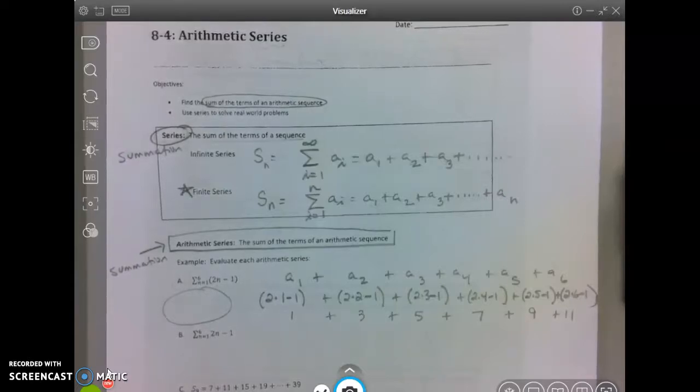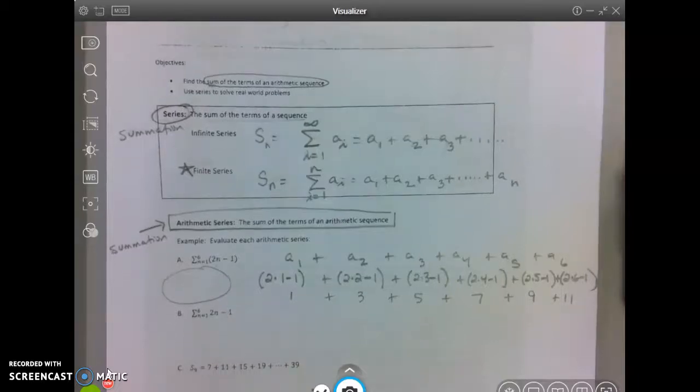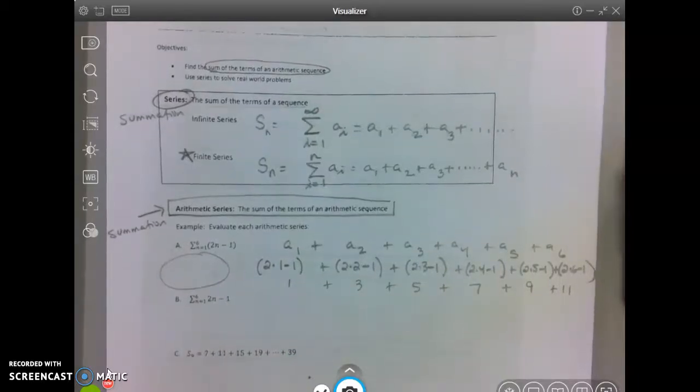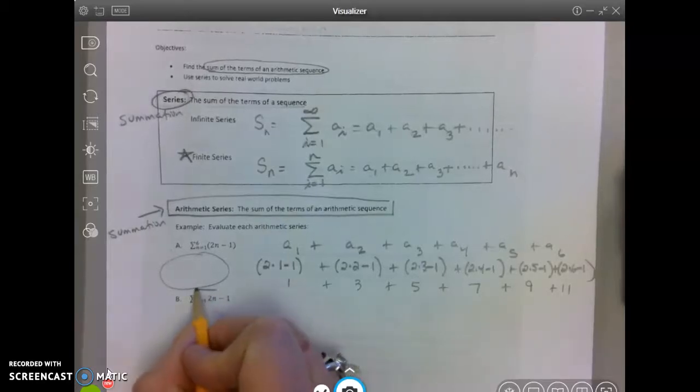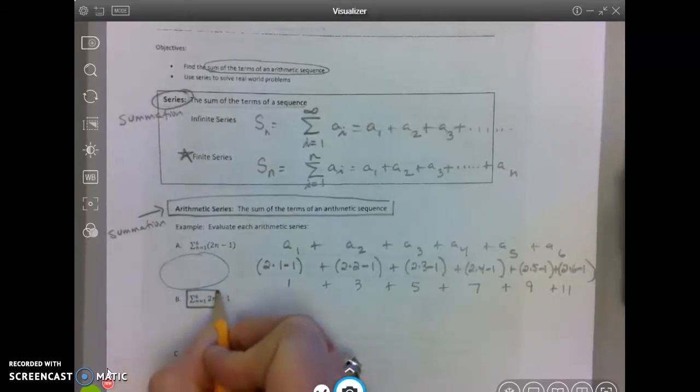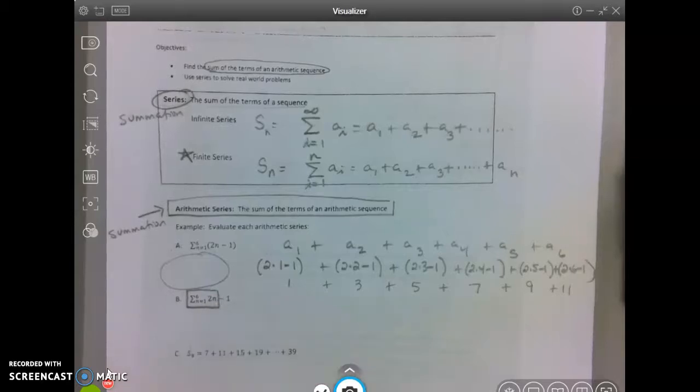Now, part B, notice that part B is different than part A. There are no parentheses around the 2n minus 1. Therefore, this right here is my series, and at the end I'm going to subtract 1.